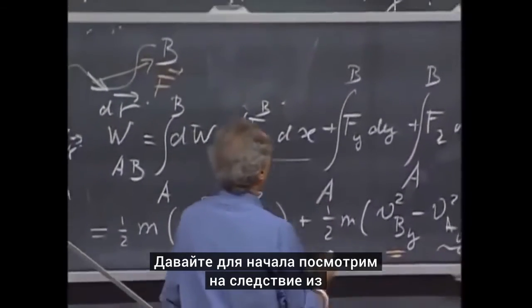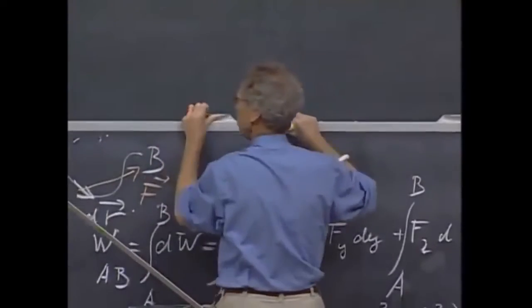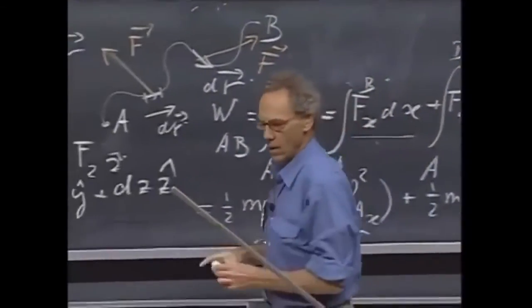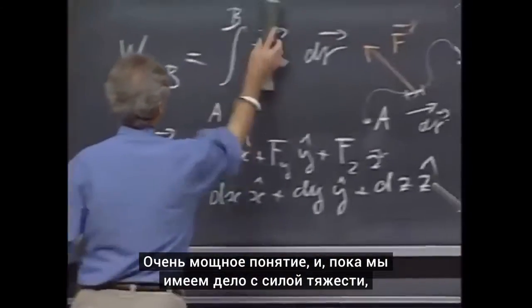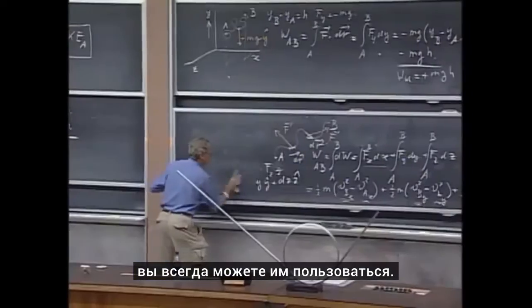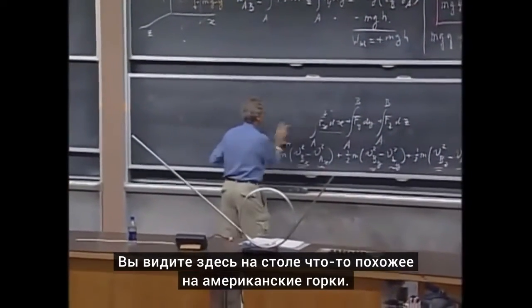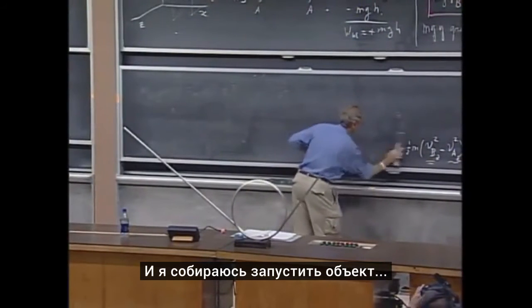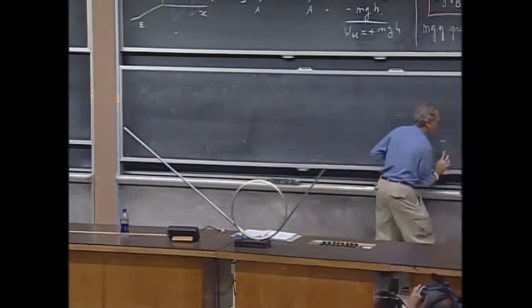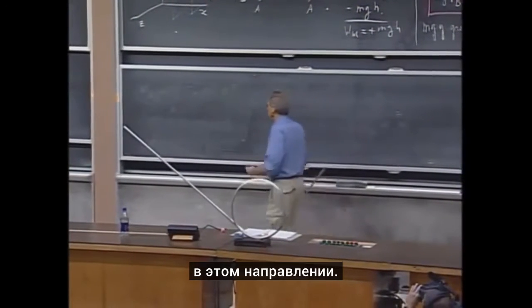So let us first look at a consequence of the conservation of mechanical energy. Very powerful concept, and as long as we deal with gravity, you can always use it. You'll see here on the desk something that looks like a roller coaster, and I'm going to slide an object from this direction.